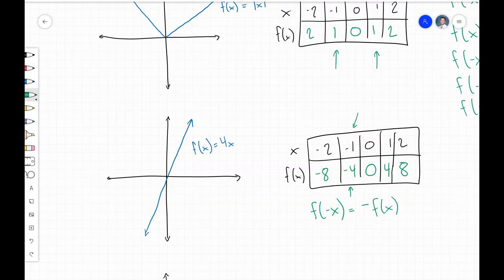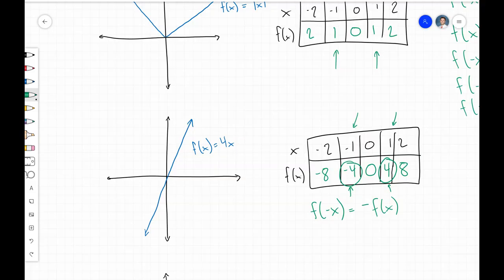So if we look here, when x is 1, f of x is 4. When x is negative 1, so I'm taking the negative value of 1, then f of x is negative 4. In other words, I took this 4 and it became negative. So f of negative x is the negative f of x. Again, hearing it in that function notation may be confusing, but seeing it in this table of values should help you see that.